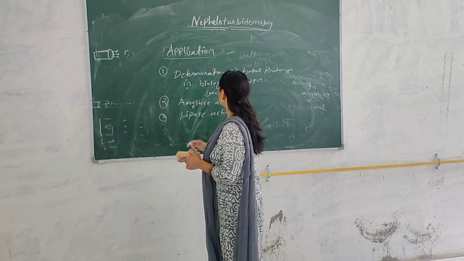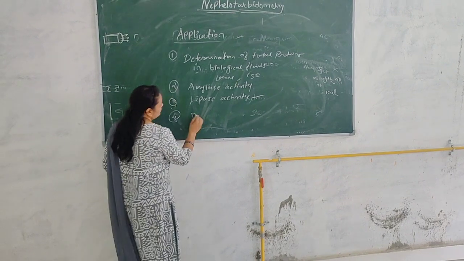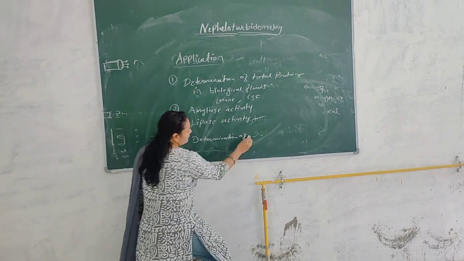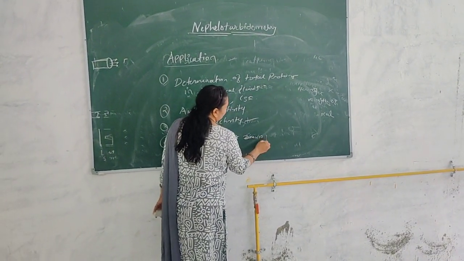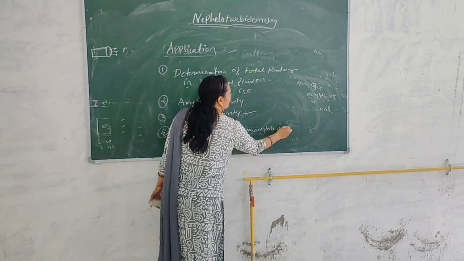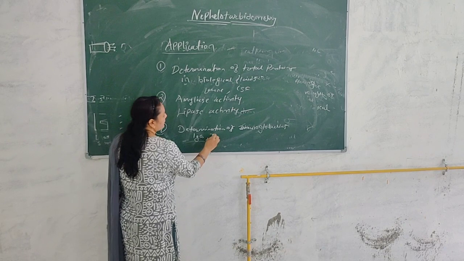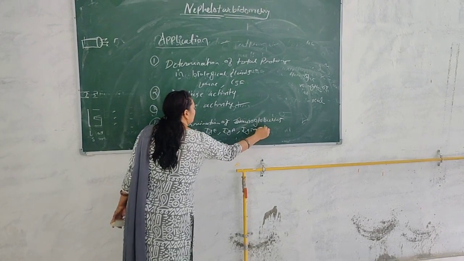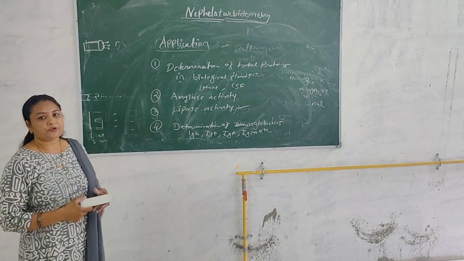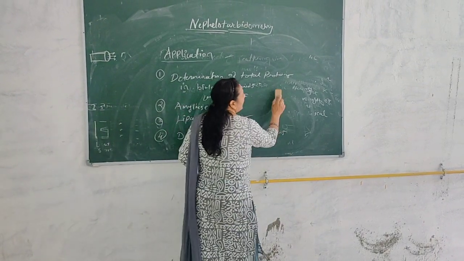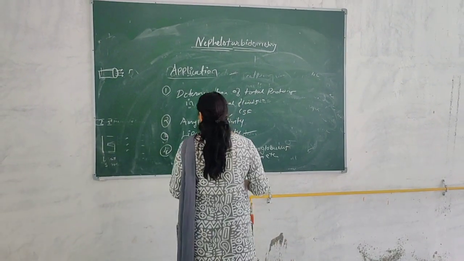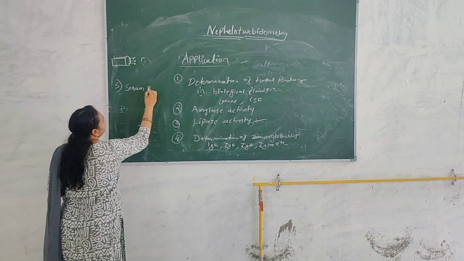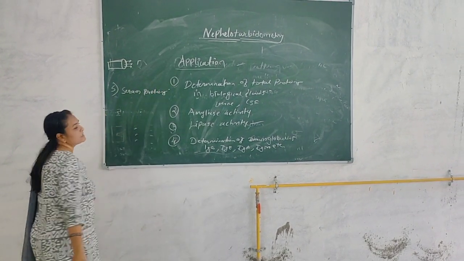Then it is also used for the determination of immunoglobulins, like IgG, IgE, IgA, IgM, etc. Then it is used for the determination of serum albumin or individual serum proteins.